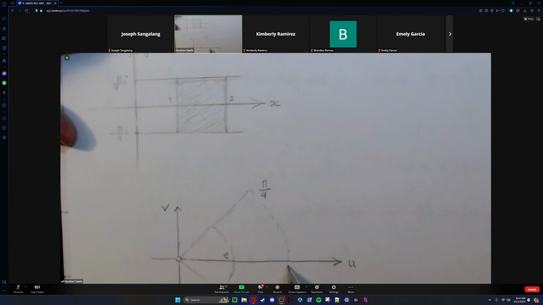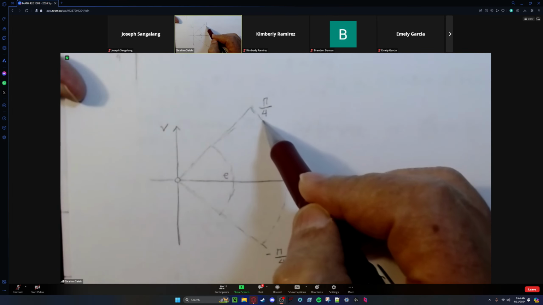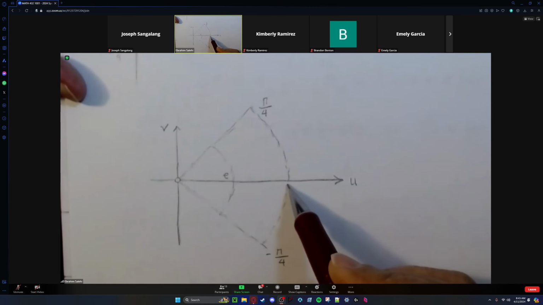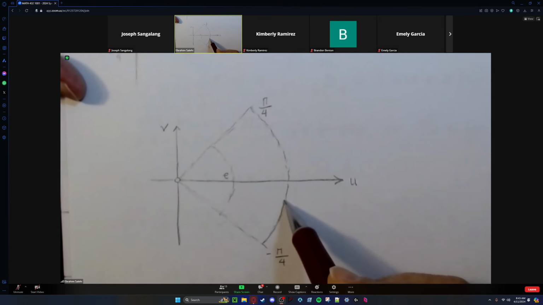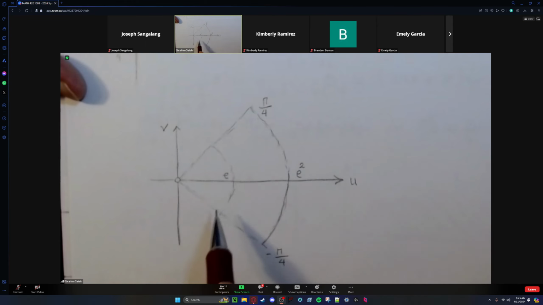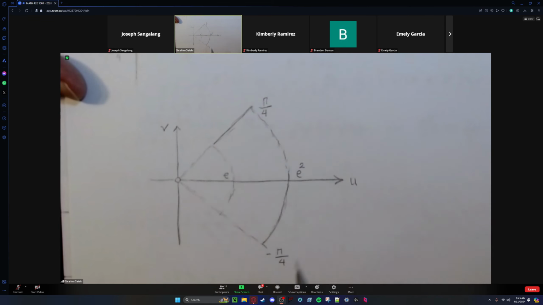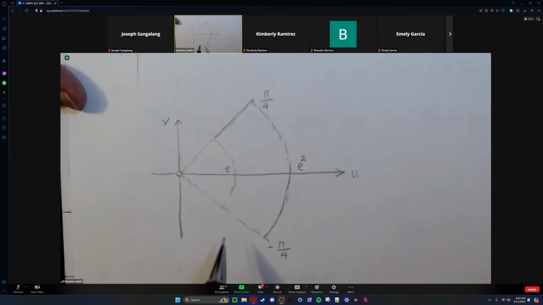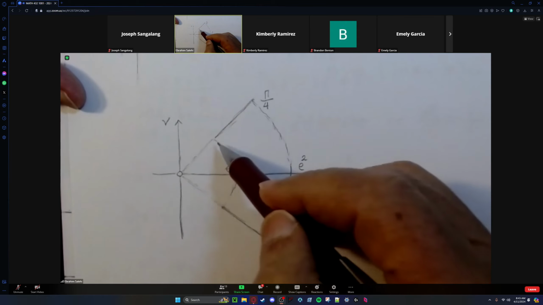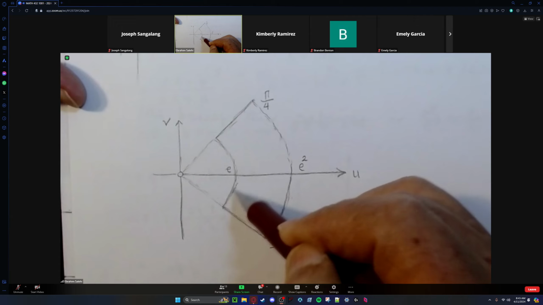It's a circle of radius e squared. So the image of that rectangular shape, if you apply e to the z, is going to be just this portion of a washer.